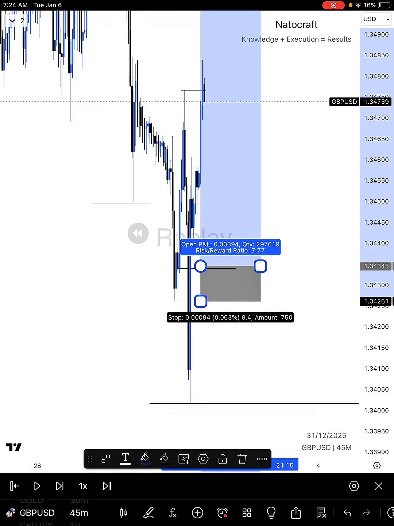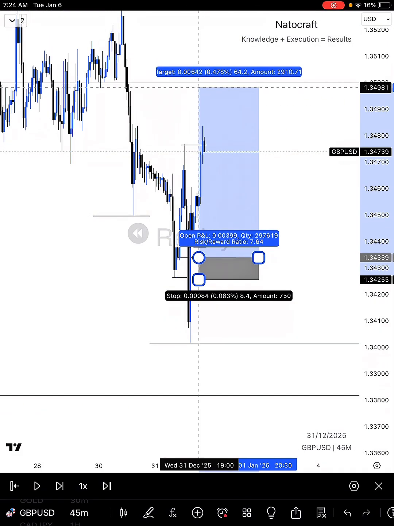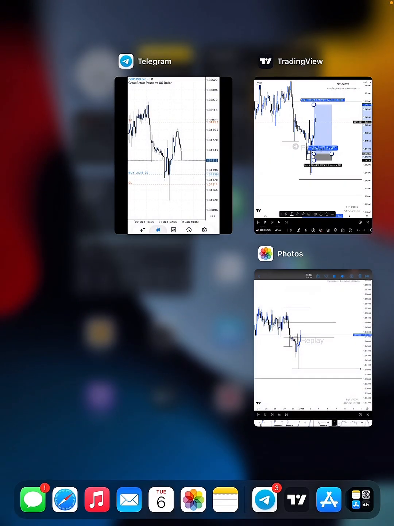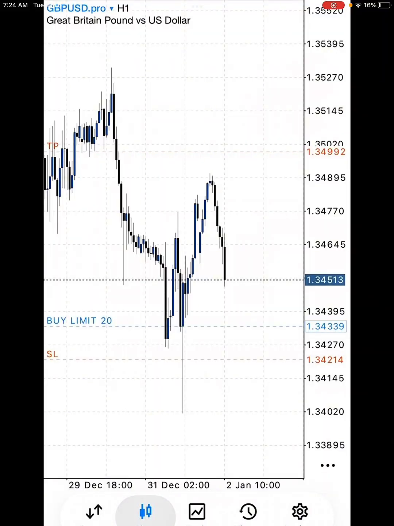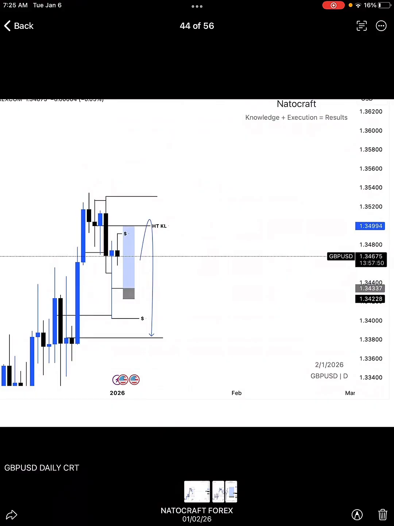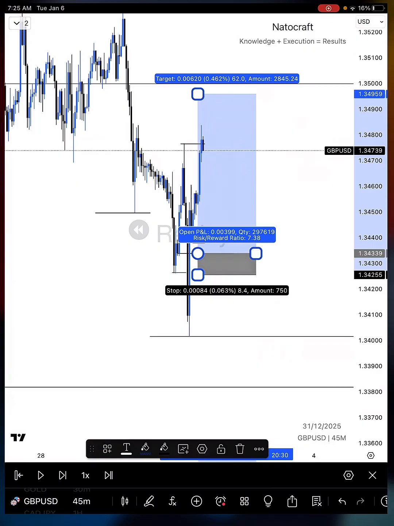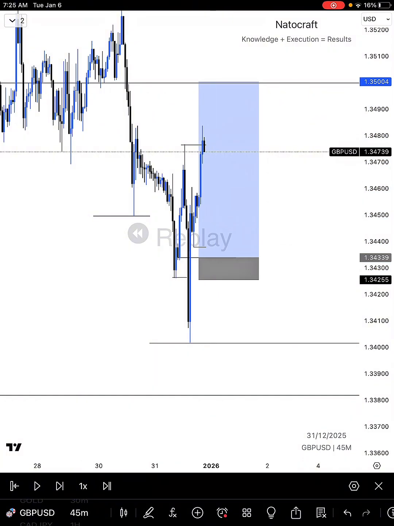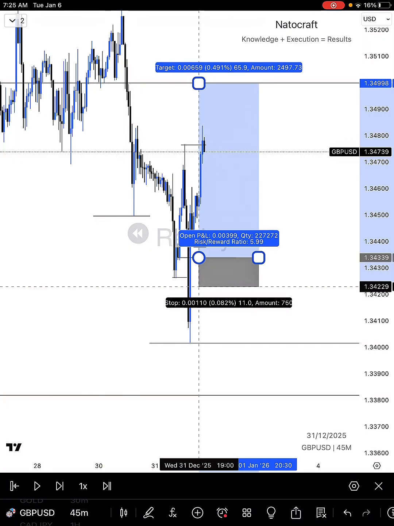Yeah, I think it was 1:6. Let me see. Yeah, so I targeted the higher time frame key level, this higher time frame key level. Then this was my SL. It was 1:6.